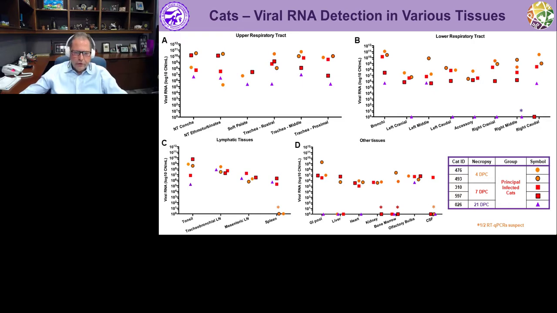If we look at other tissues like the GI tract, liver, heart, kidney, bone marrow, olfactory bulb, or cerebrospinal fluid, on day 4 we see positivity in most of these organs, and many are already negative at day 21, like the GI tract, liver, heart, bone marrow, and the cerebrospinal fluid.